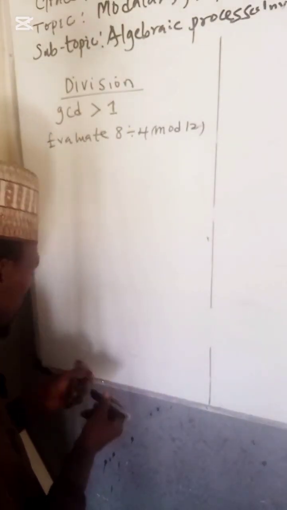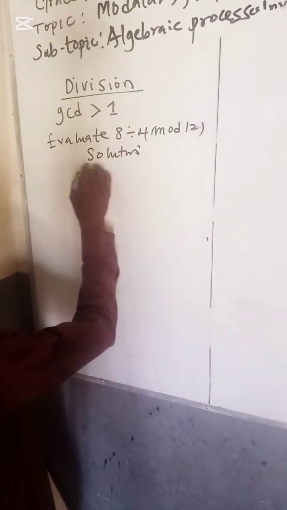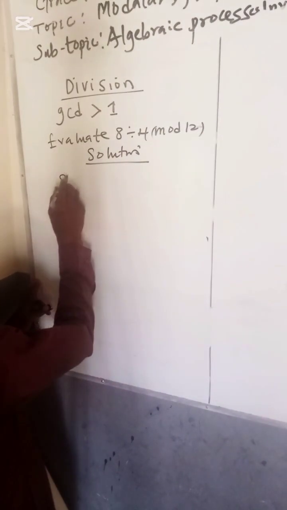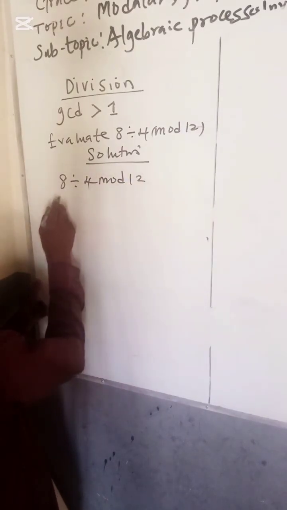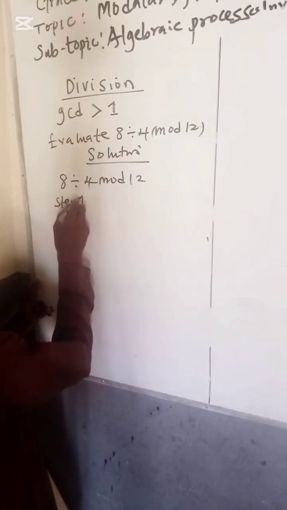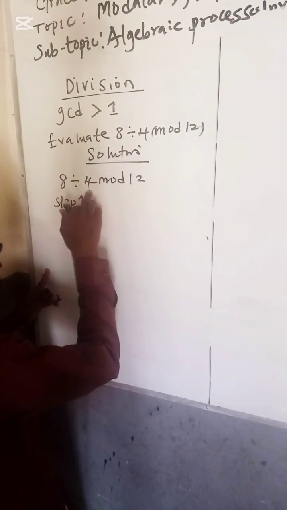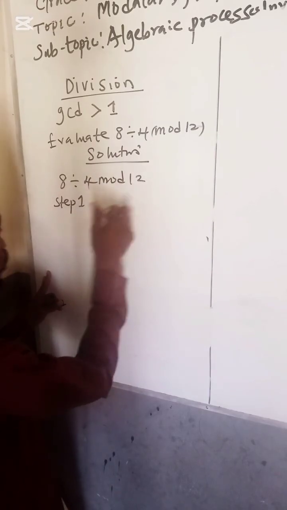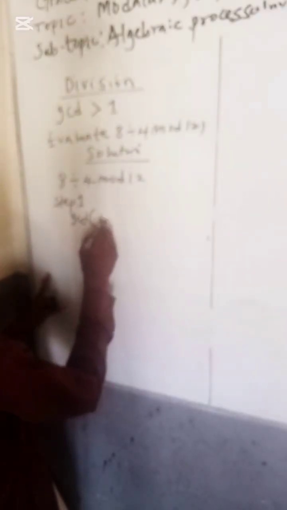Now let's look at it critically. We have the solution: 8 divided by 4 mod 12. The first thing, like we said, is to check the GCD, and you always check the GCD between the divisor and the modulus. Here, the GCD of 4 and 12 is what?